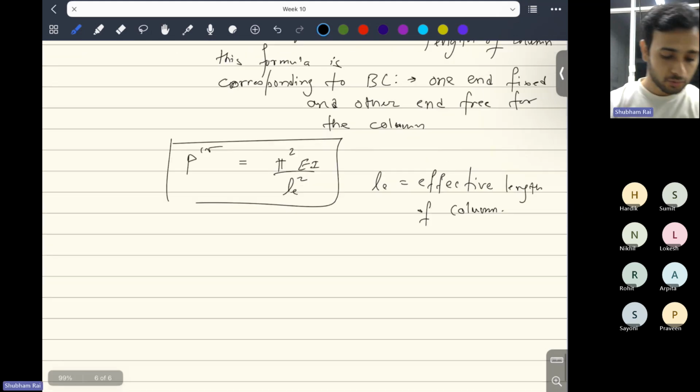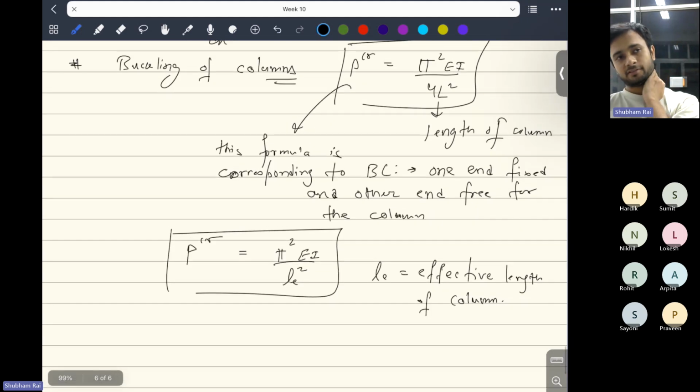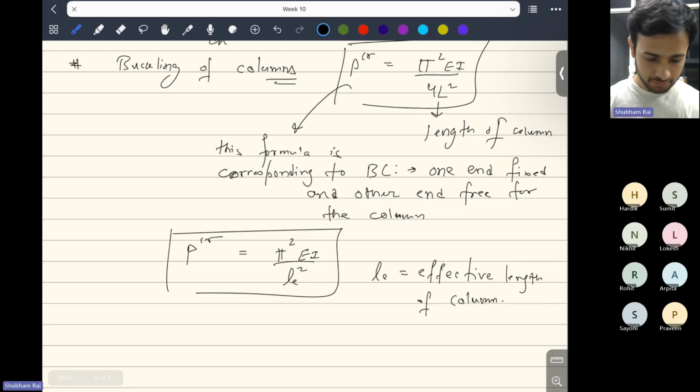Anyway, for the fixed-free boundary condition it is 2L. You can just refer to books to understand why it is 2L.